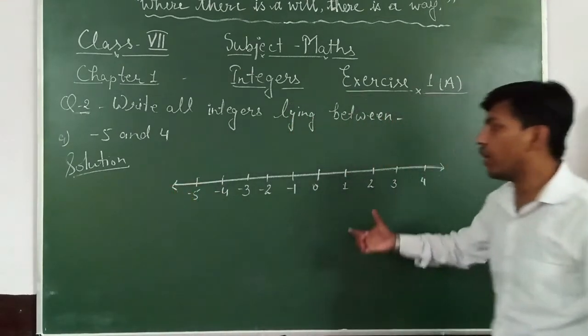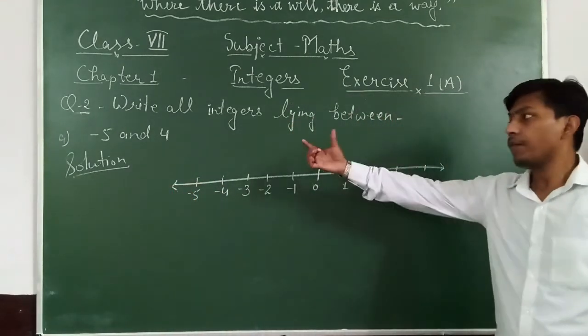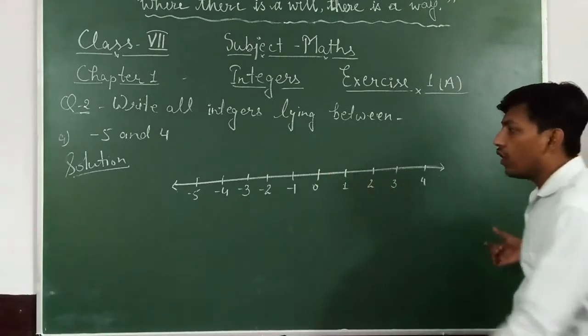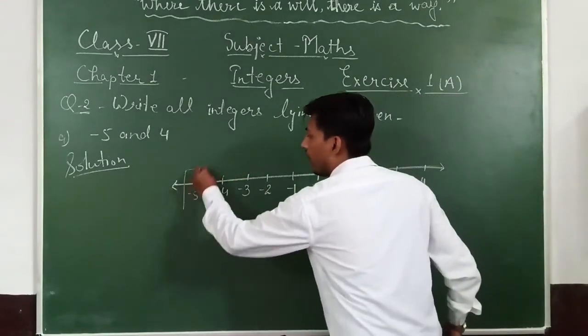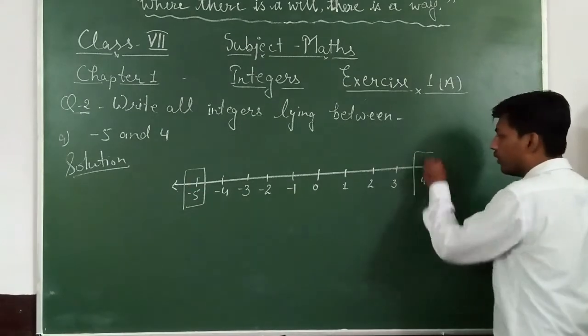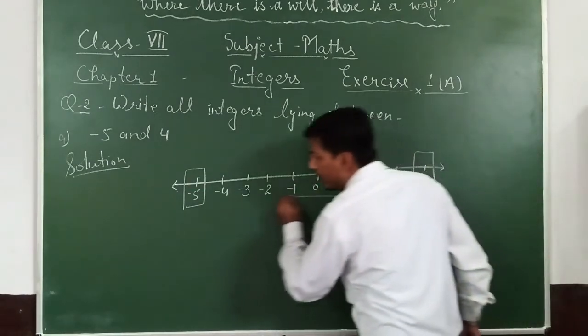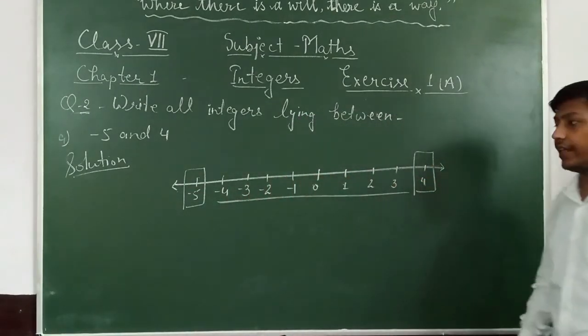So we have to write all integers between -5 and 4, so except -5 and 4. Note down all integers which come between them.